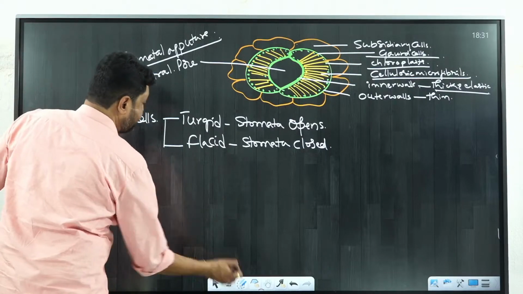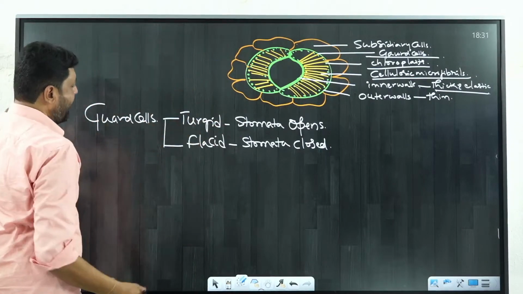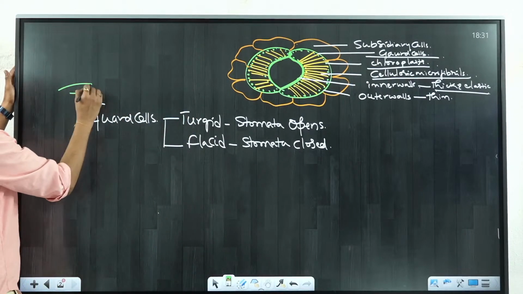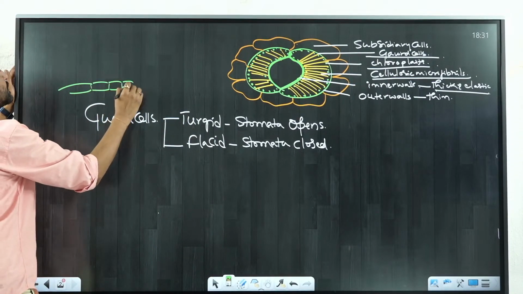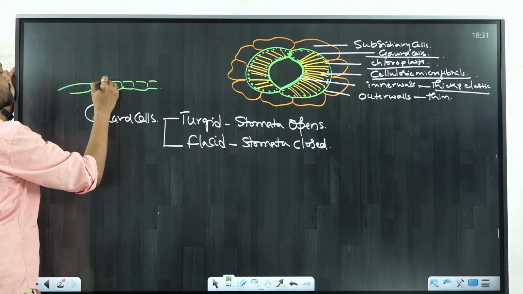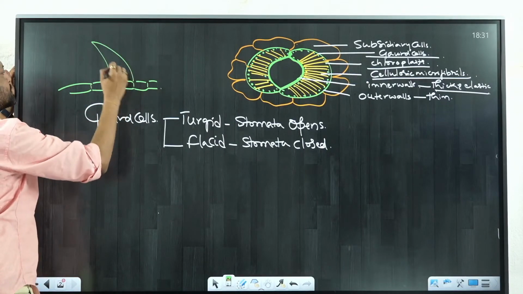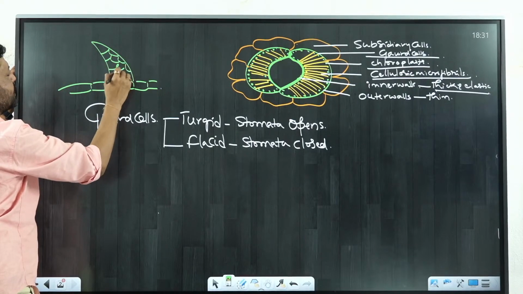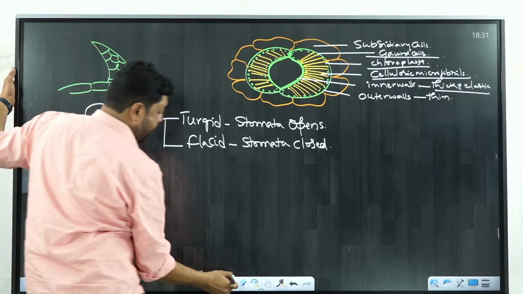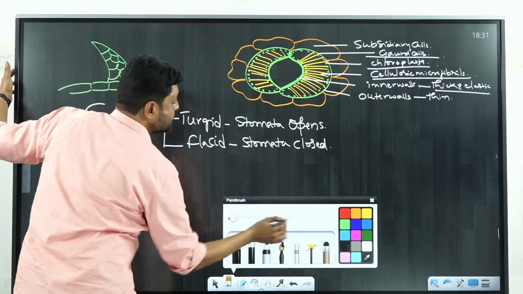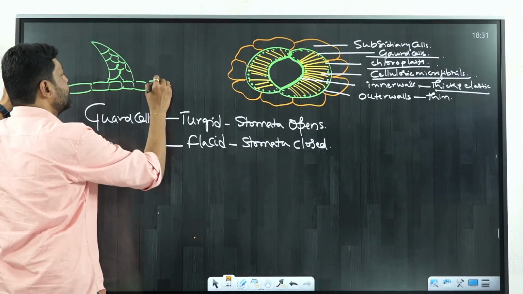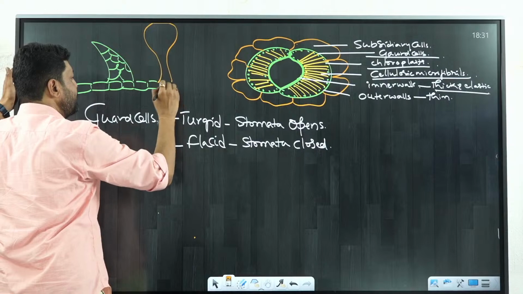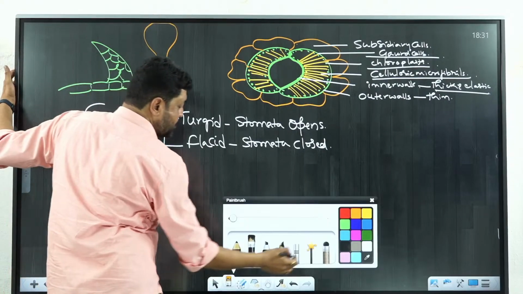That is another structure associated with the epidermis, the trichomes. So have a look here. This trichome is of course unbranched and multicellular. Some trichomes may be glandular, because they would like to store water.